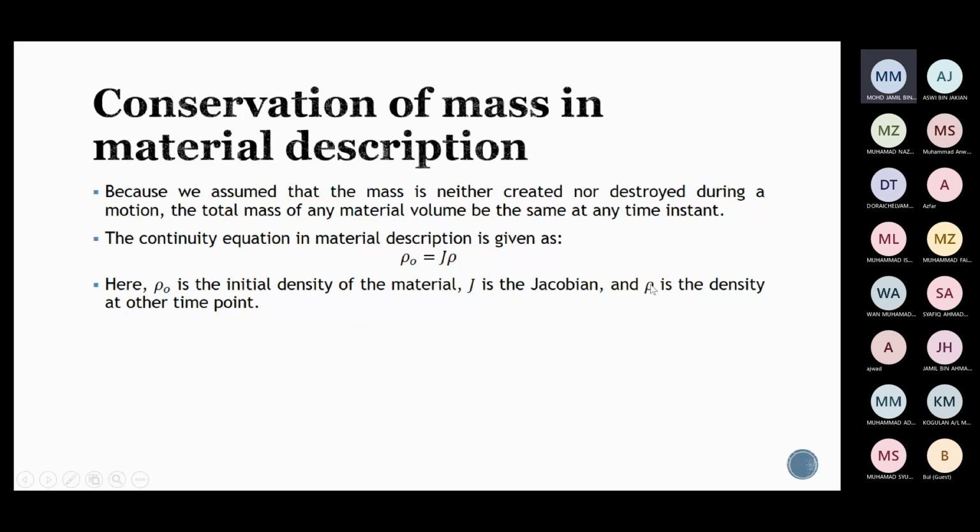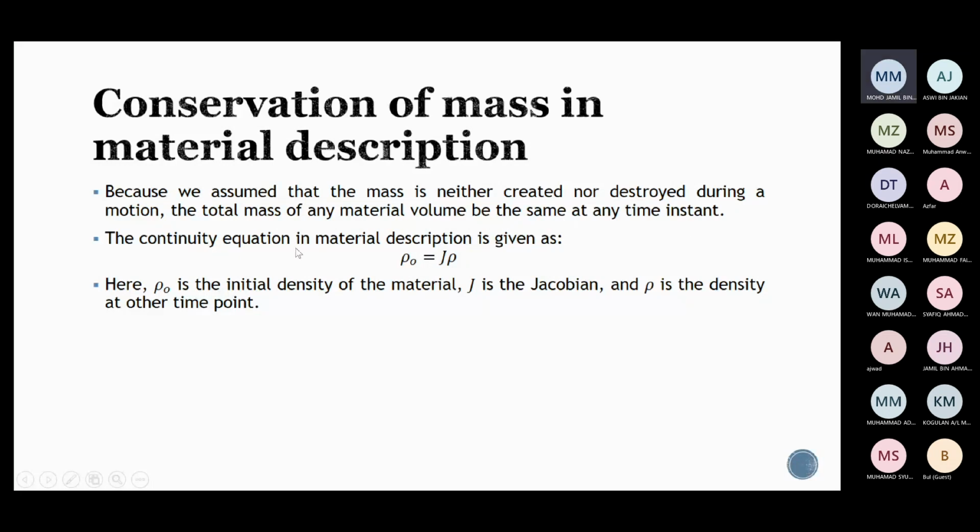Okay, before that, we have the conservation of mass in material description. Because we assume that the mass is neither created or destroyed, the total mass of any material volume will be the same at any time instant.